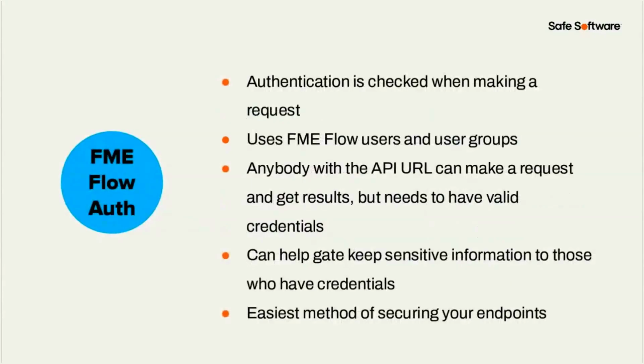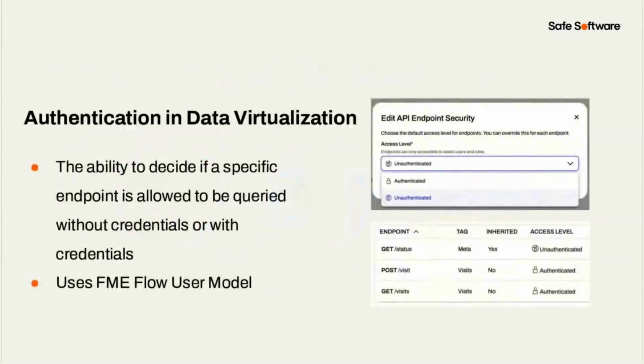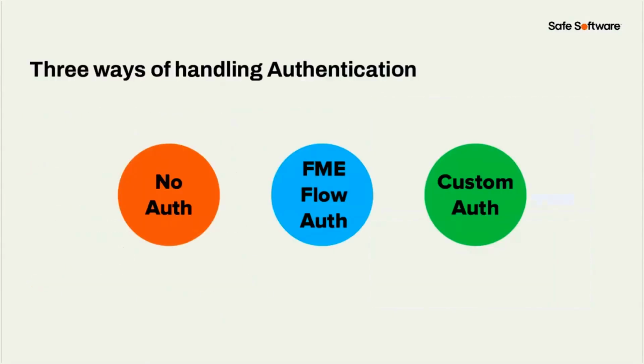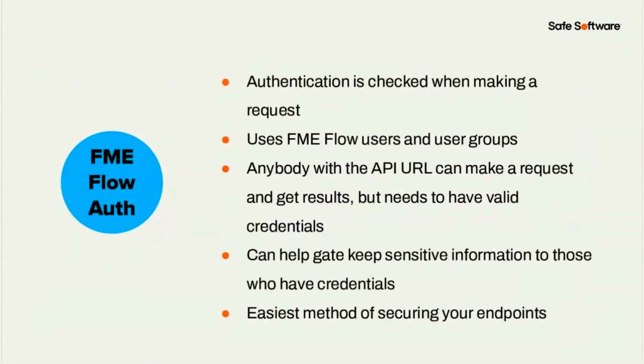Now, let's talk a little bit more about the FME Flow model of using users and roles. When you use an authenticated request, and if I jump back a couple of slides, what that means is your endpoint has an authenticated setting that requires authentication to access your data.